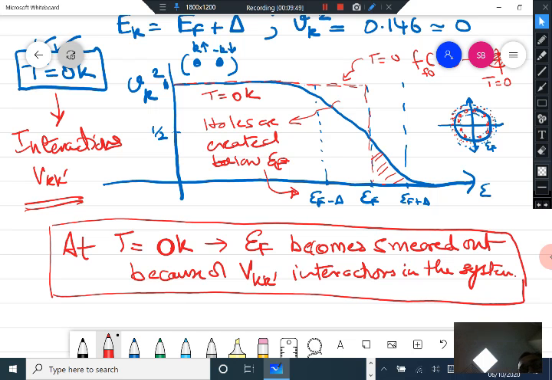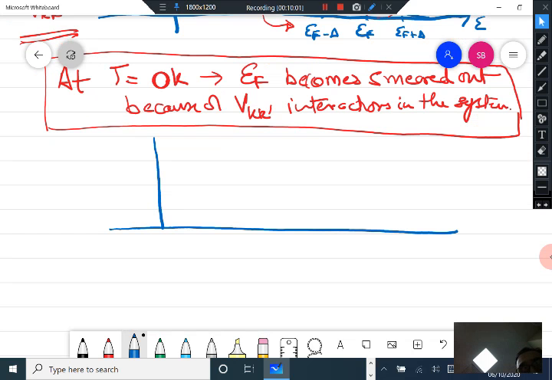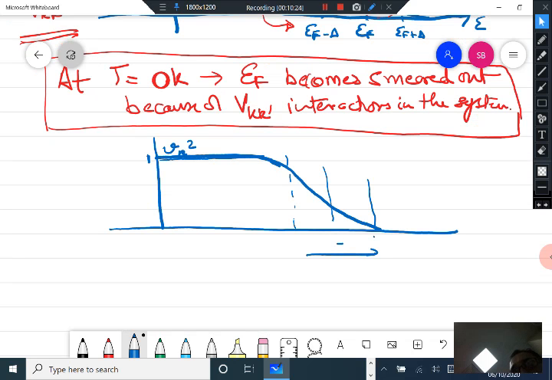And what you can also see is that if I plot again the Vk and Uk together, this is 1, this is Vk square, it is 1 and it will go to 0 over Ef minus delta to Ef plus delta.